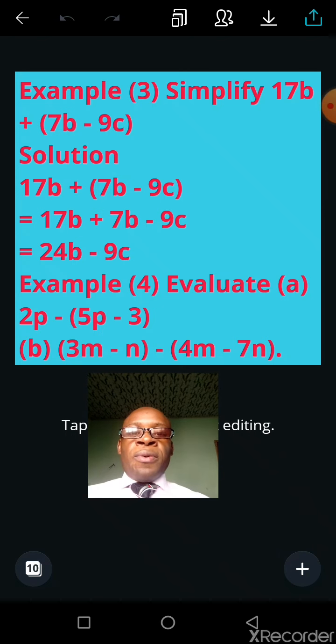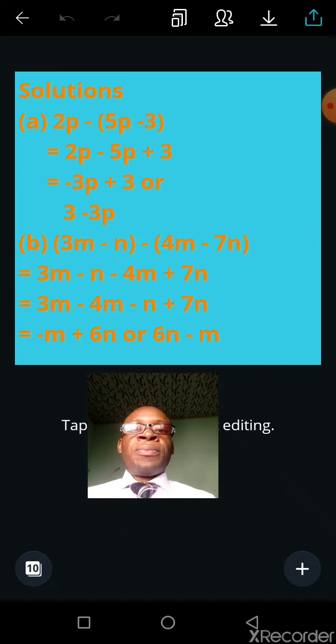Example 4. Evaluate: A. 2p minus bracket open 5p minus 3 bracket close. B. Bracket open 3m minus 9n bracket close minus bracket open 4m minus 7n bracket close. Solutions: A. 2p minus bracket open 5p minus 3 bracket close. We now remove the bracket.